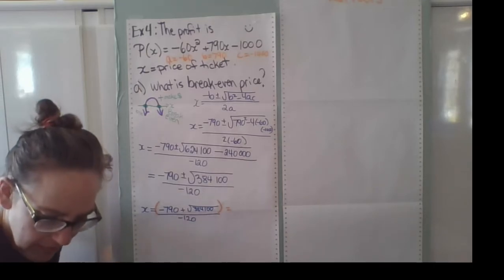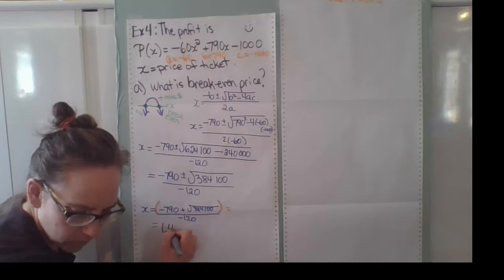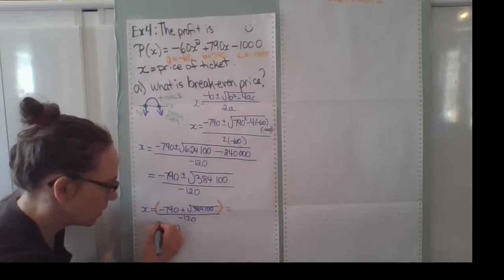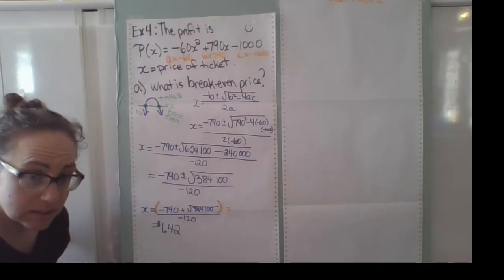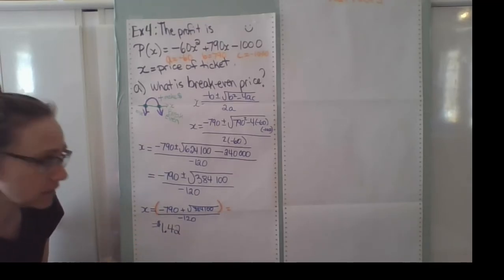So this one will give you an answer of 1.42, rounded to 2 decimals. So one answer would be a ticket price of $1.42. Maybe you sell a lot of tickets.